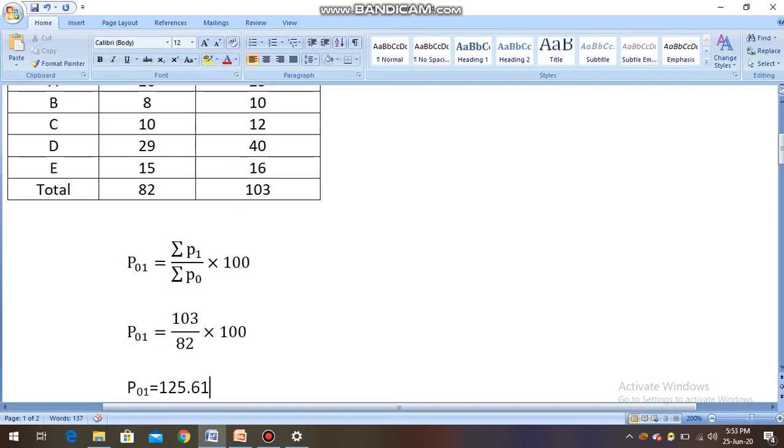Now how to comment for this is, generally the index number for the base year is 100. Now this is the index number for the current year. So 100 to current year, how many it has increased? Yes, 25. You need to take the difference. So what is the difference between 125.61 and 100?